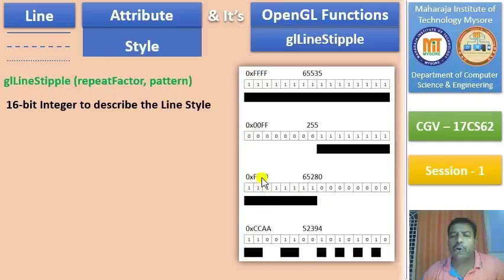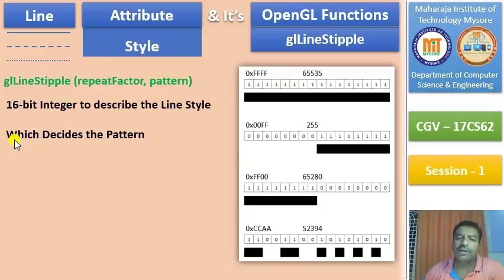Now whenever I'm going to draw the line, first I'm going to set this pattern. Later on I will tell you what the repeat factor is. When I give the repeat factor as 1, this pattern will be used once in every cycle. If I use 2, this pattern will be used twice every time. Hence, we're going to have a 16-bit integer to describe the line style.